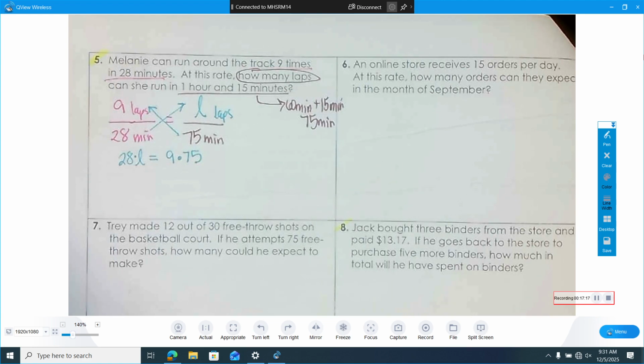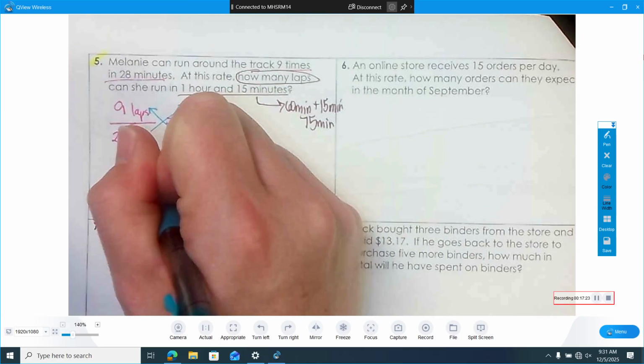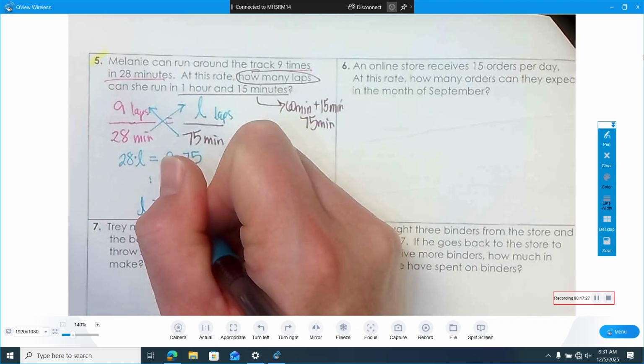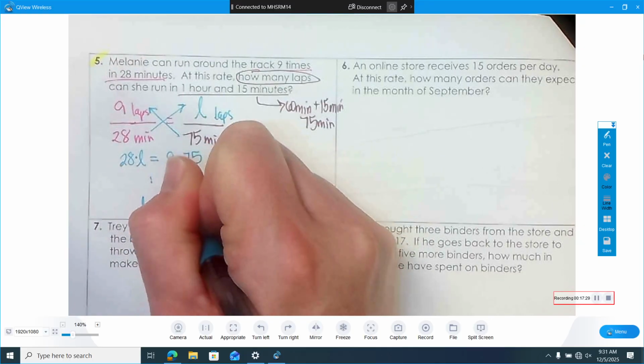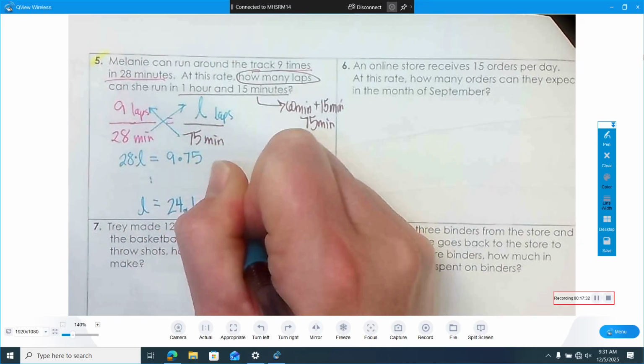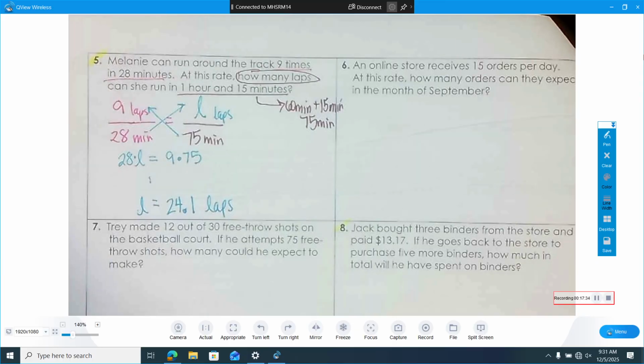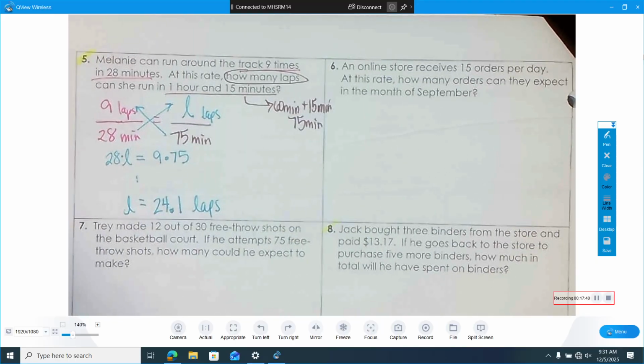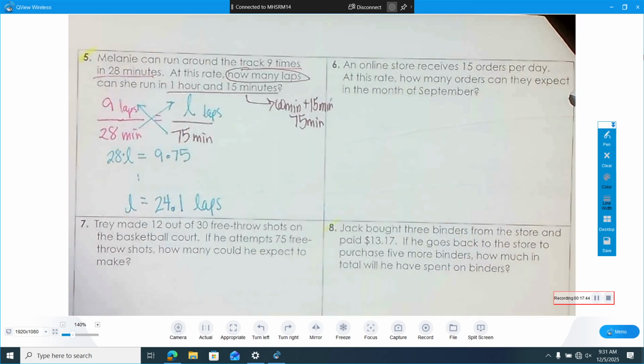Good for you. Thank you. All right, what did you get for L? 24.1 laps. Very good. 24.1 laps. Fantastic. Any questions on that one? No. All right.